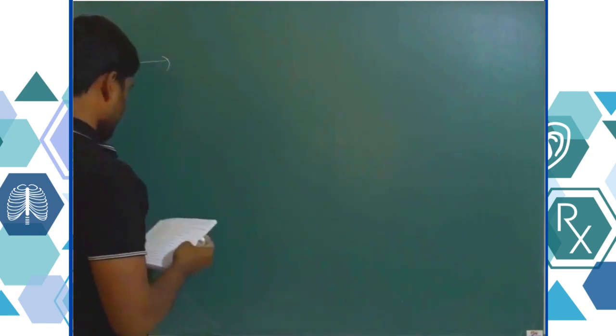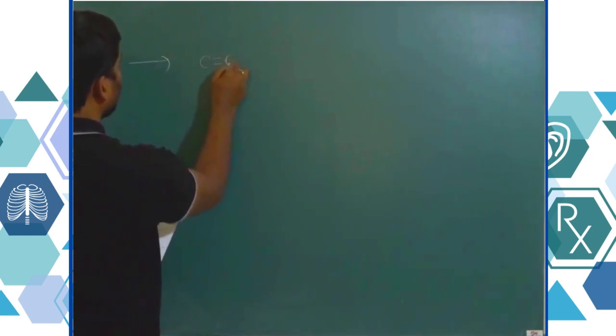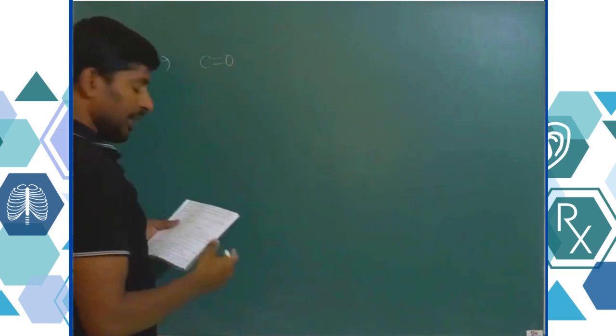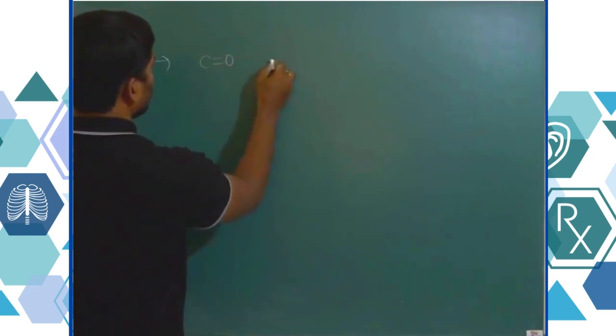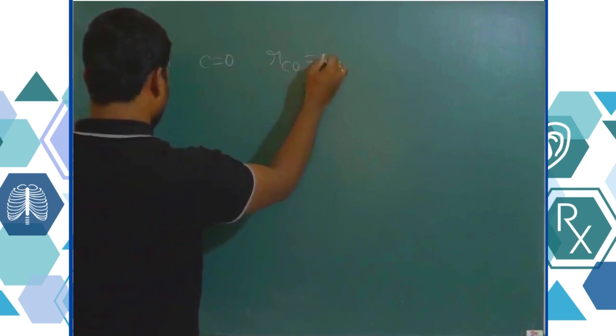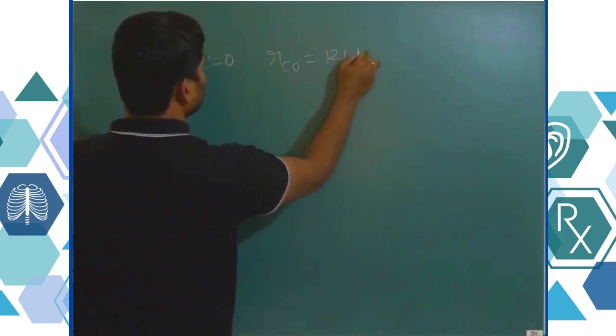Similar type of question. The C double bond O bond length in CO2 is given as 120 picometers.